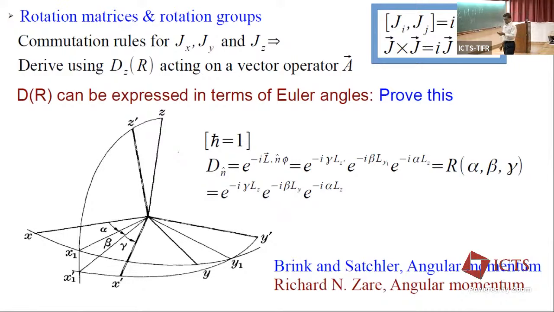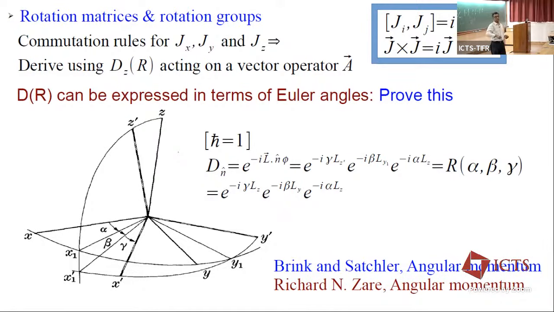You have Ly, and it is sandwiched between two Lz. So if you consider that the wave function of angular momentum is a simultaneous wave function of Lz and L square, because L square is a constant of motion.